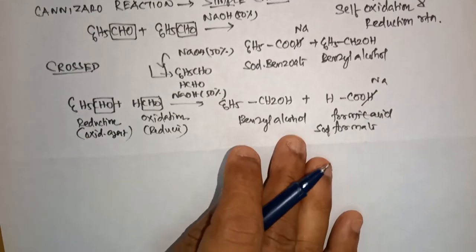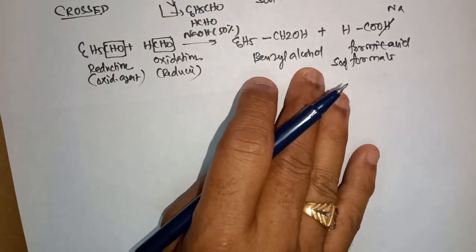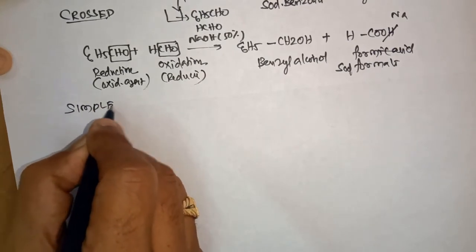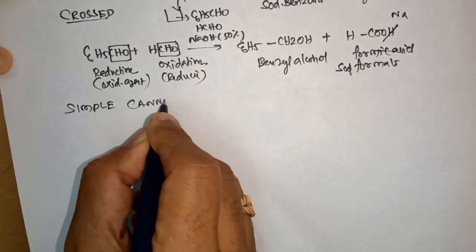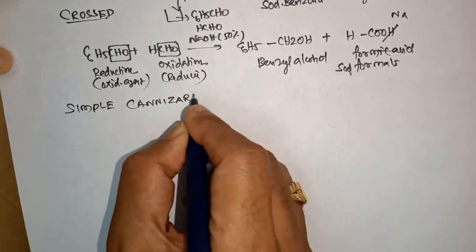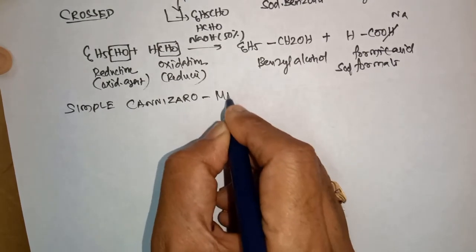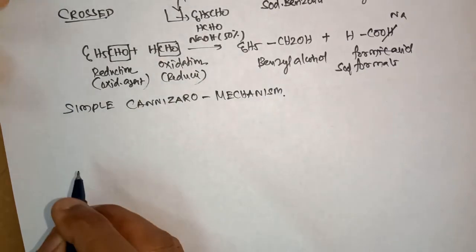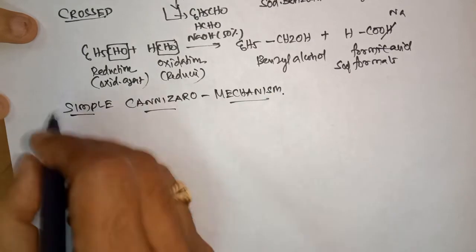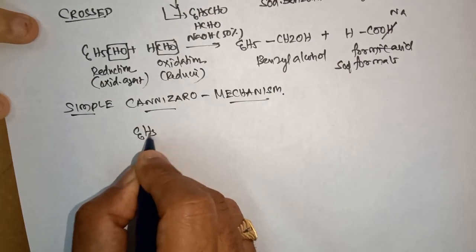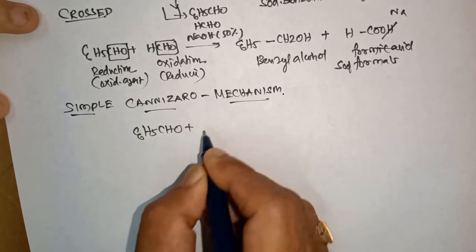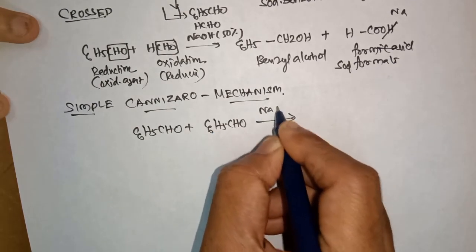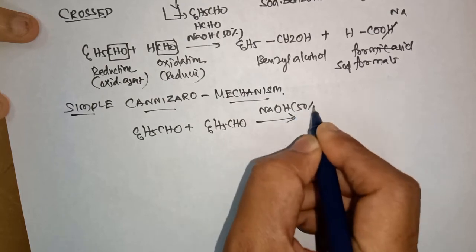Now we will move on to the reaction mechanism of the simple Cannizzaro reaction. I write the reaction in which benzaldehyde is involved, with sodium hydroxide, concentrated 50%.